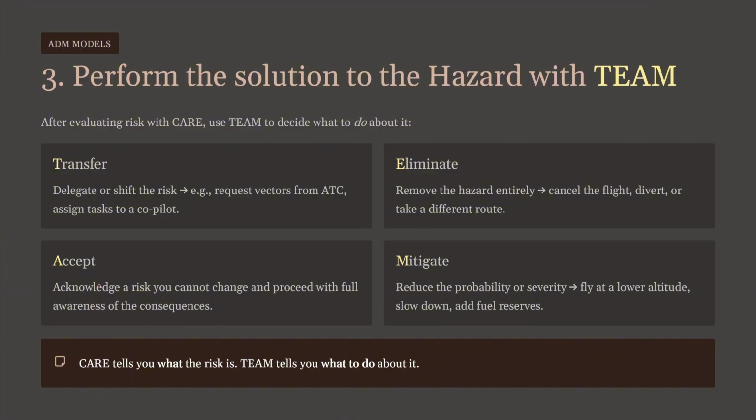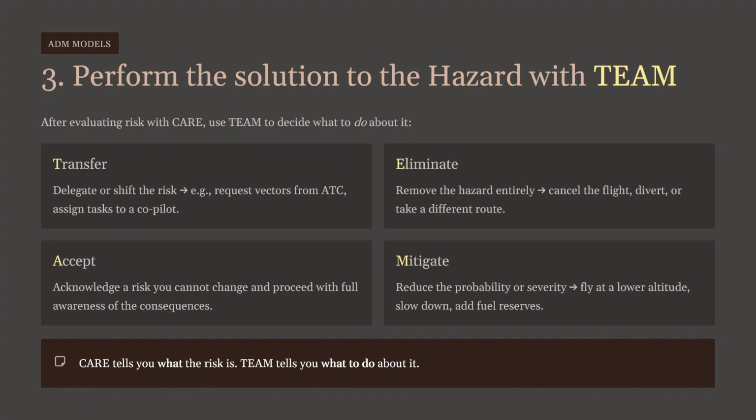So, yeah, do not use accepting much. Just this one, if you cannot evade the risk ahead, then you can accept it with full situational awareness all the time.